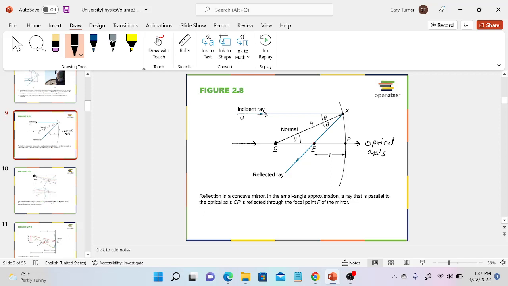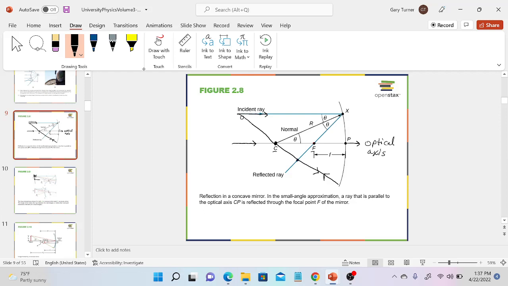When you have a light ray coming from your object and it goes through the center and it hits the mirror, it will then get reflected right back up along that same direction. It hits the mirror at a point where the curvature is just right to send that ray right back up.